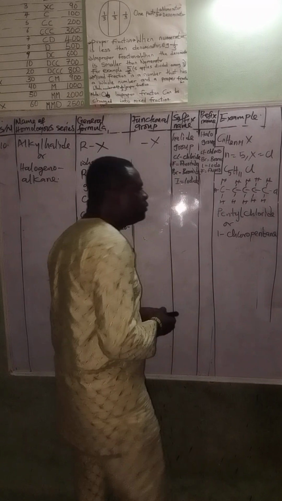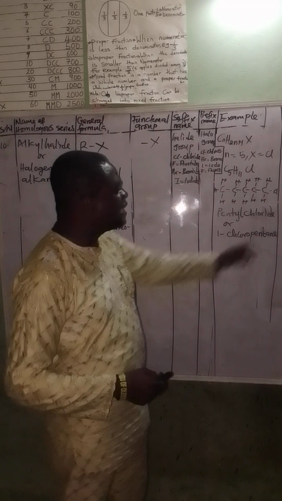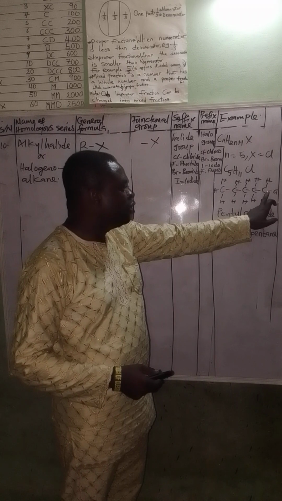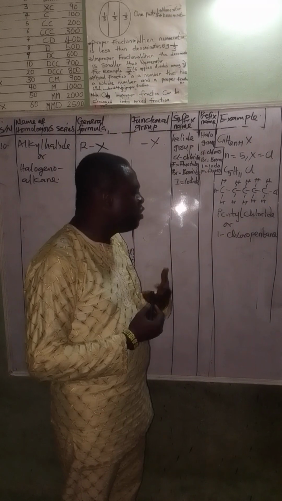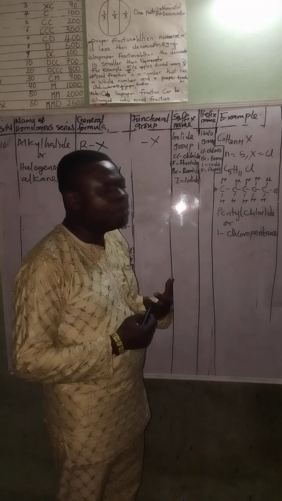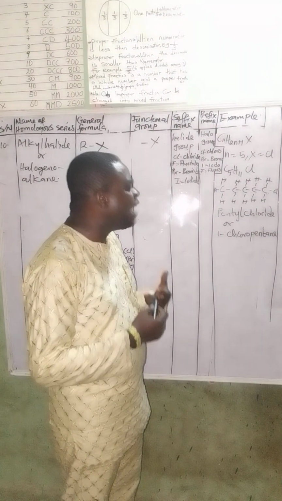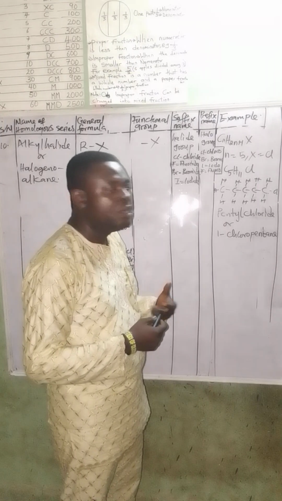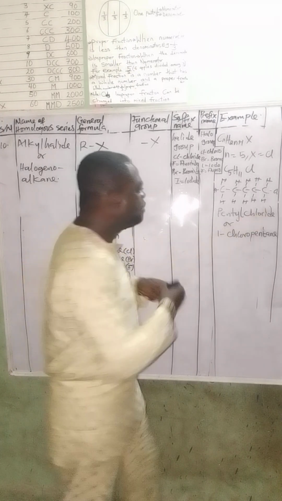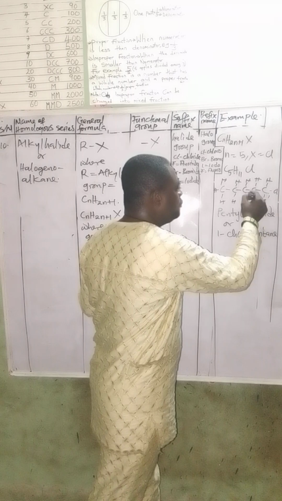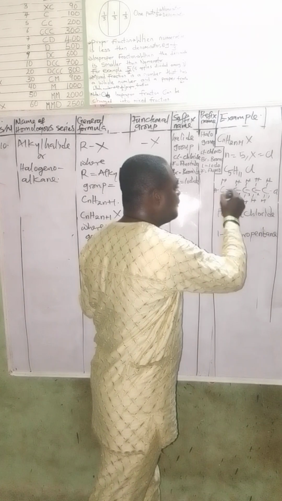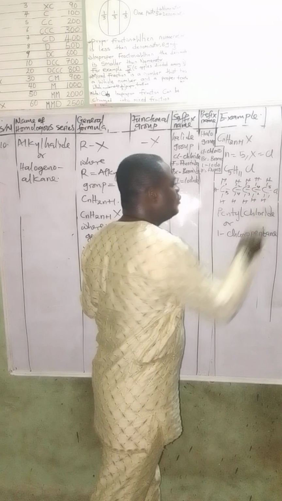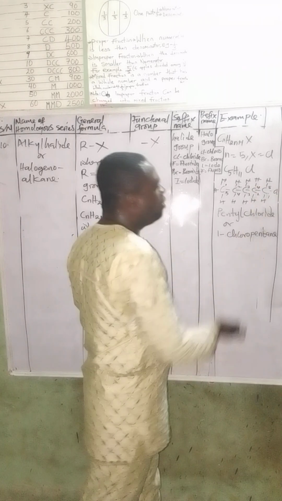So it depends on you. One, in the sense that this is carbon number 1 here, you start counting from here. Because the rule says that while numbering, the lowest possible number should be given to the carbon atom bearing the functional group. If you start numbering from here, this is 1, 2, 3, 4, 5. But if you start from the other end, it's 1, 2, 3, 4, 5. So out of 5, which one is smaller? 1.